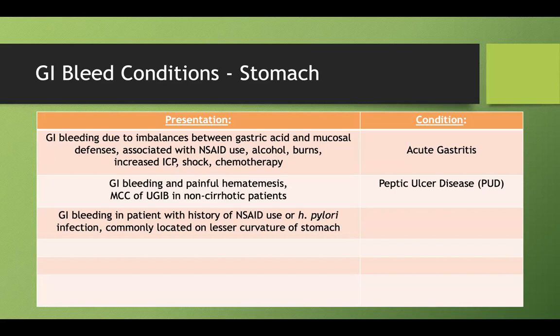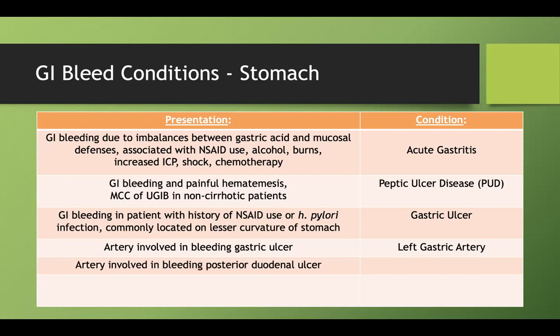It's commonly located on the lesser curvature of the stomach. So this is a gastric ulcer. And the artery involved in a bleeding gastric ulcer is the same one we just talked about with Mallory-Weiss syndrome. That's the left gastric artery. And how about the artery involved in a bleeding posterior duodenal ulcer? That's going to be your gastroduodenal artery.